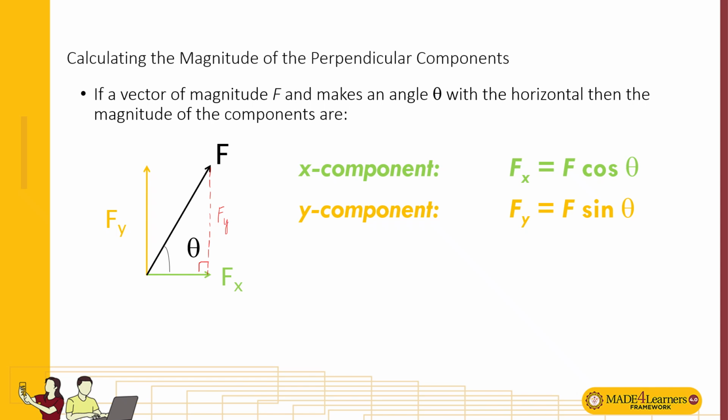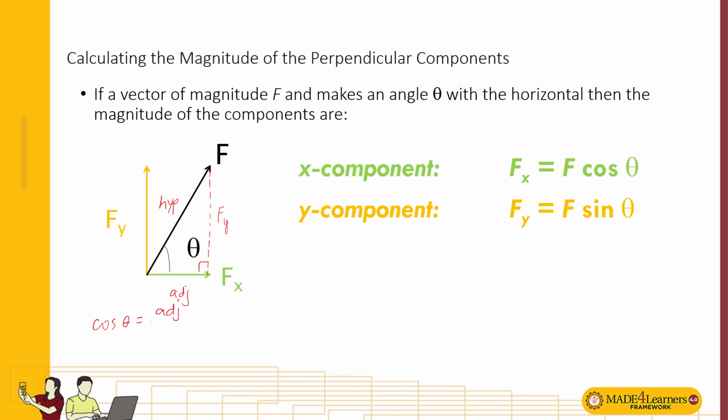So if you are going to get the x component with the theta labeled here, adjacent to your F sub x, this side would be your adjacent side, and your force here, the given vector, is the hypotenuse of the right triangle. If you're going to use this pair of sides, adjacent and hypotenuse, and there's an angle theta, you can use cosine of the angle theta, right?